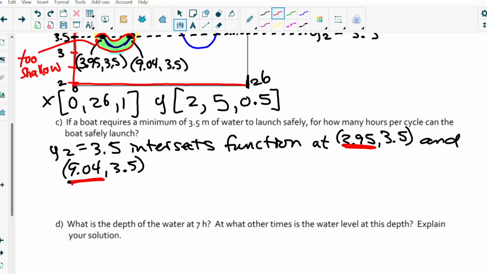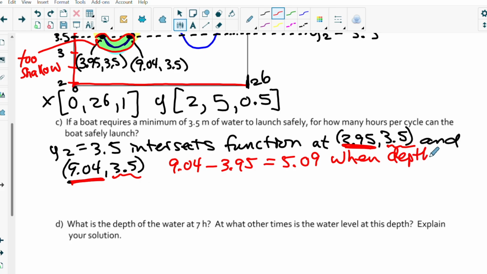We need to know how much time at 3.5 meters. So 9.04 hours minus 3.95 hours equals 5.09 hours when the depth of the tide is less than 3.5 meters. So this is the danger point. You cannot launch the boat because it's too shallow. I don't have enough depth.